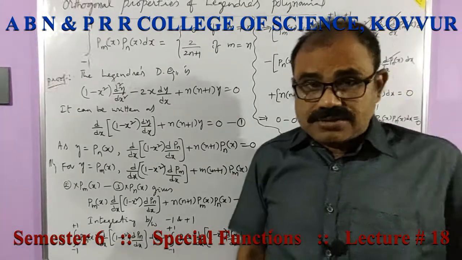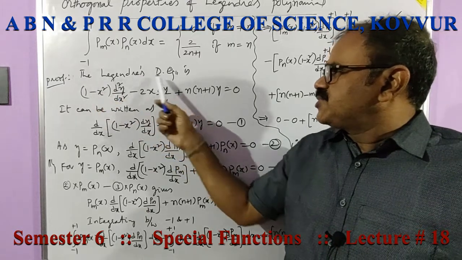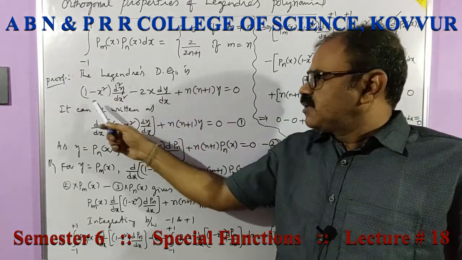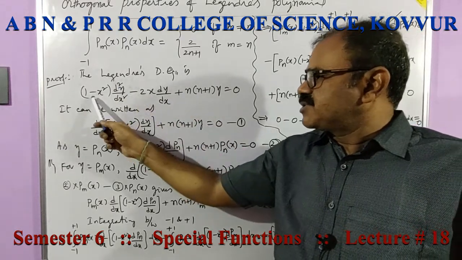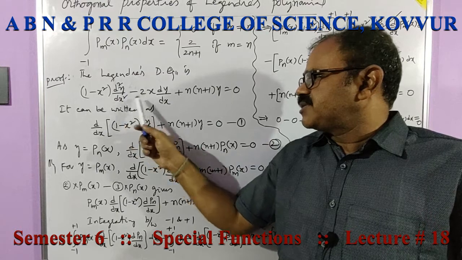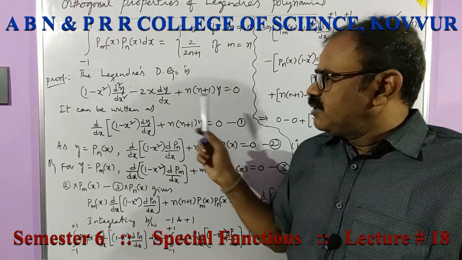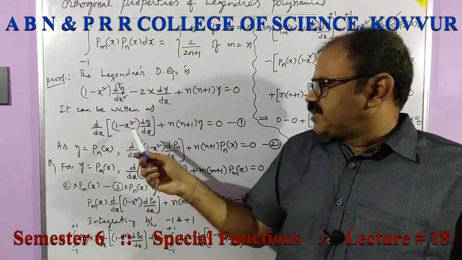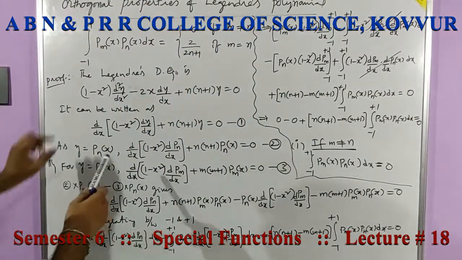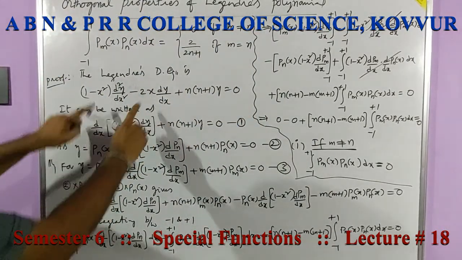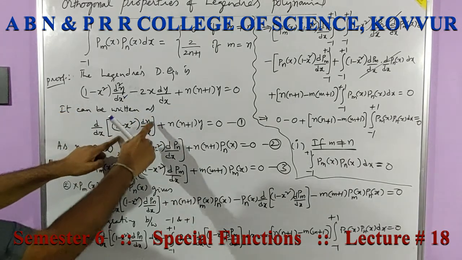Okay, how to prove this? The proof of the concept. As we know, Legendre's differential equation is, we should not forget the differential equation, (1 minus x square) d²y/dx² minus 2x dy/dx plus n(n plus 1) y is equal to 0. This differential equation we can rewrite using the derivative of (1 minus x square) dy/dx.